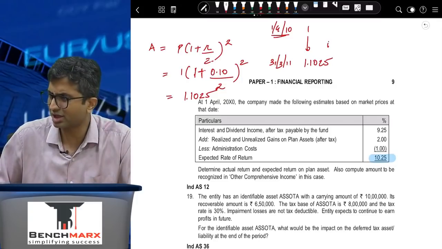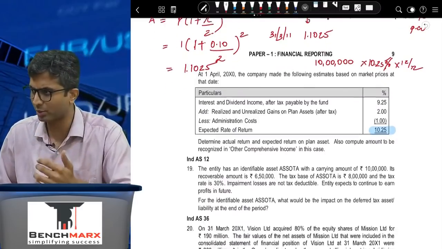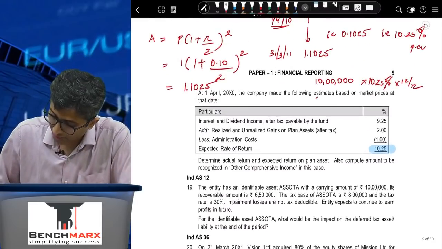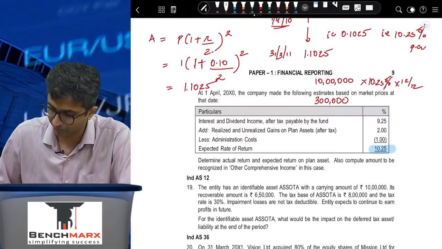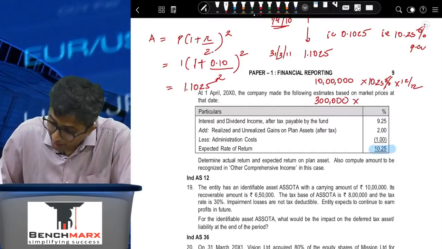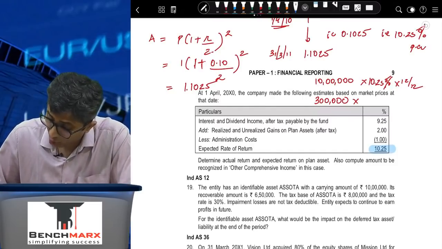Apart from that, I'm sorry, my connector is not working properly. So I hope you followed. 10 lakhs into 10.25% into 12 by 12. Apart from that, you have another 3 lakhs. 3 lakhs is the net difference between the two, into... sir, where did the 10% come from here?